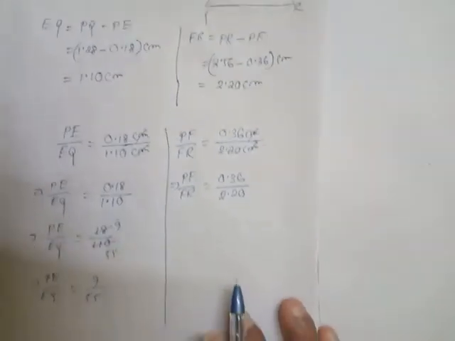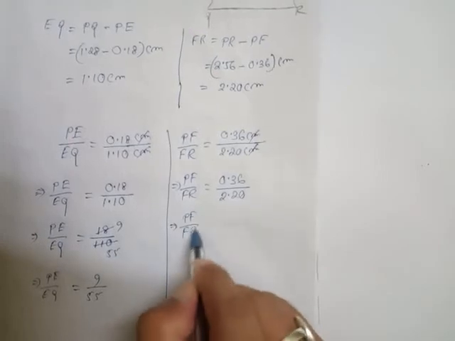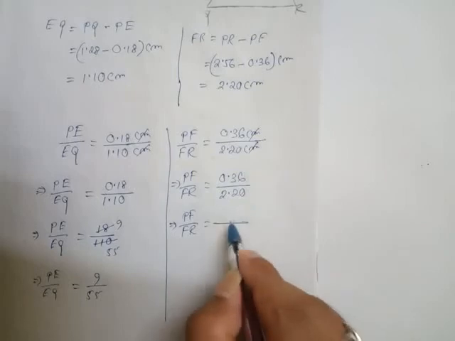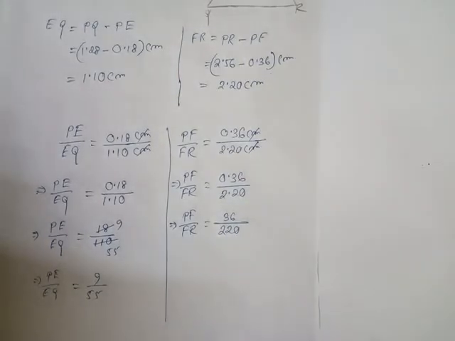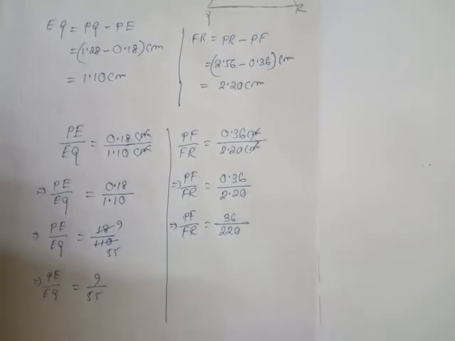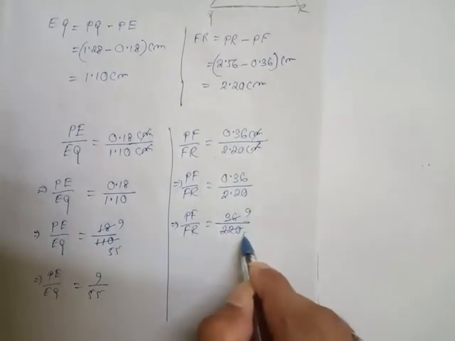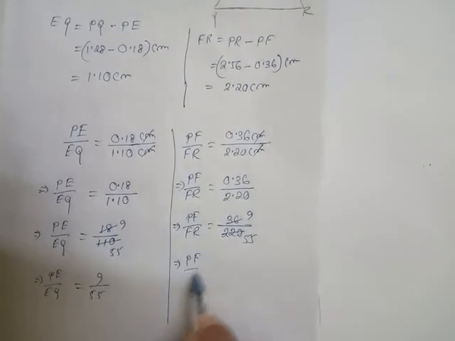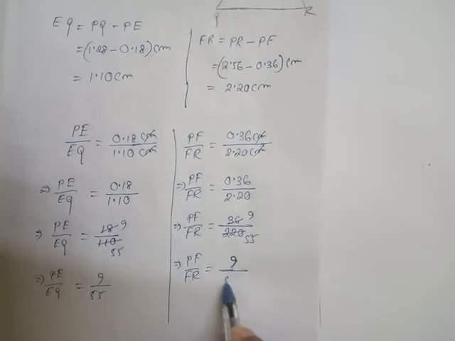Now if I remove the decimal from here, PF by FR equal to 36 by 220. Now both are the multiple of 2, or it's better to directly divide by 4. 4 9s are 36 and 4 5s are 20, which means PF by FR equal to 9 by 55.